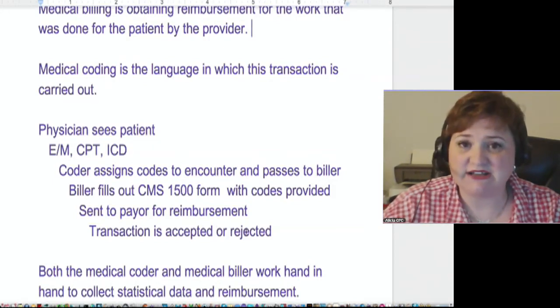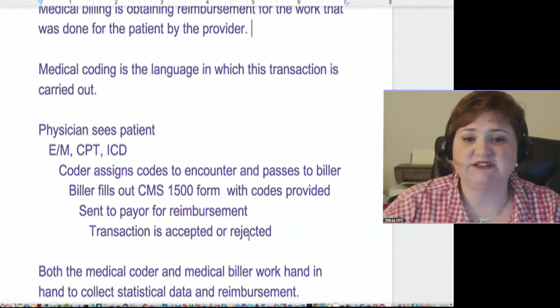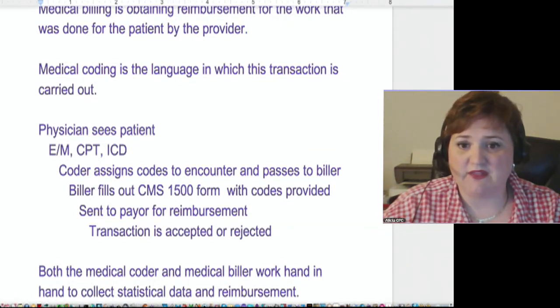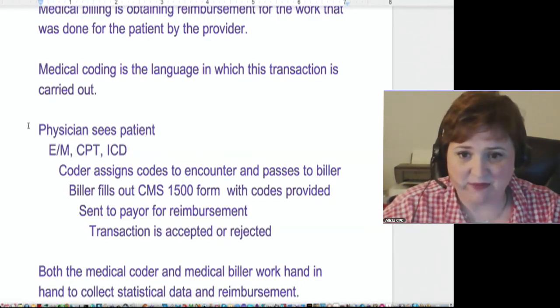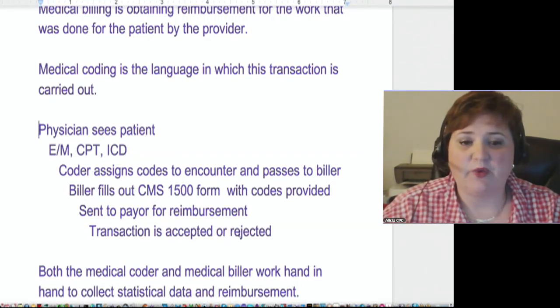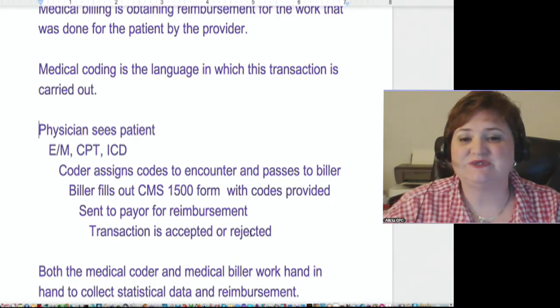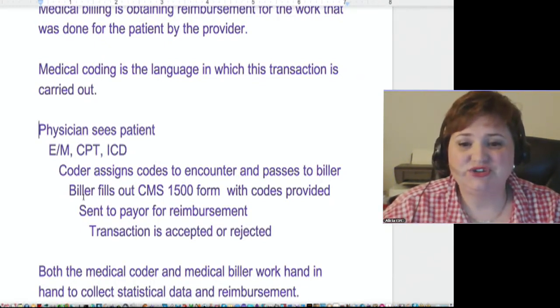If it's rejected, it might be rejected because the biller did not put the Social Security number, like they fat-fingered part of the Social Security number so it didn't match the name of the patient, or for whatever reason. So it's rejected, so it's sent back to the physician, and the physician then in turn gives it back to the biller, and then it has a code on it saying this is a problem.